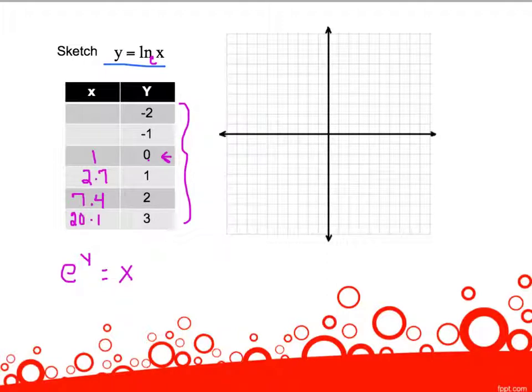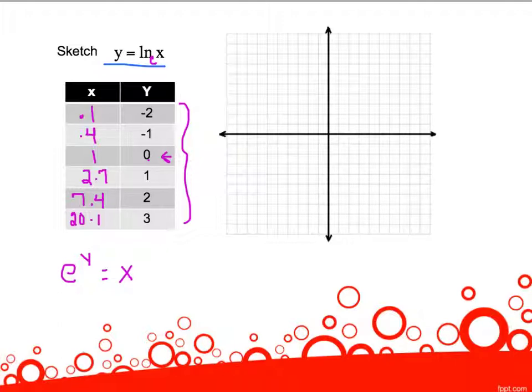E to the negative 1 is 0.4, and e to the negative 2 is 0.1.